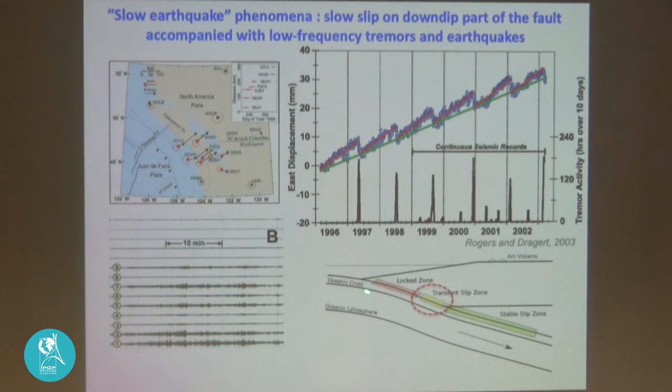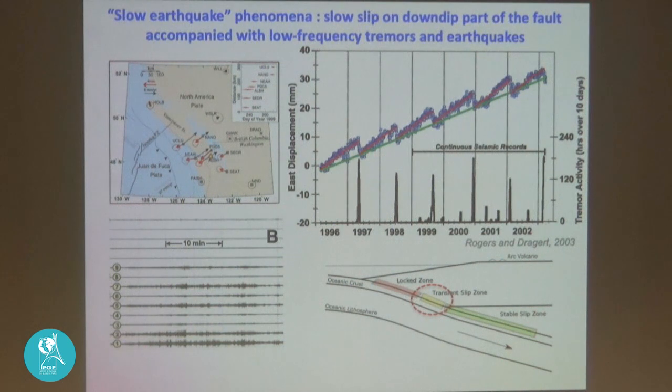So we have an elastically locked part of the fault zone with this stick-slip behavior, and then beneath there is some transition zone where all these slow earthquakes occur. And obviously there is a mechanical interaction between these different parts of the fault, and the processes in the deep roots of the fault can eventually affect the seismic cycle.